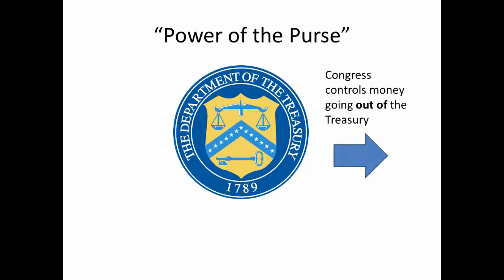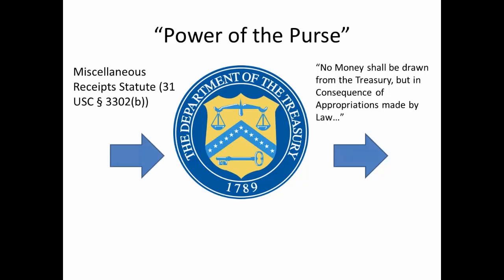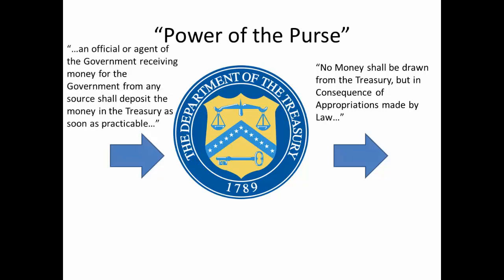Recall that the Congress controls the money going out of the Treasury. Article 1, Section 9, Clause 7 tells us that no money shall be drawn from the Treasury but in consequence of appropriations made by law. But Congress also controls the money going into the Treasury by the Miscellaneous Receipts Statute, which tells us that funds received by the government must be deposited in the Treasury.